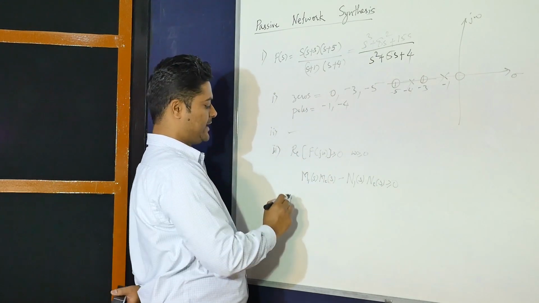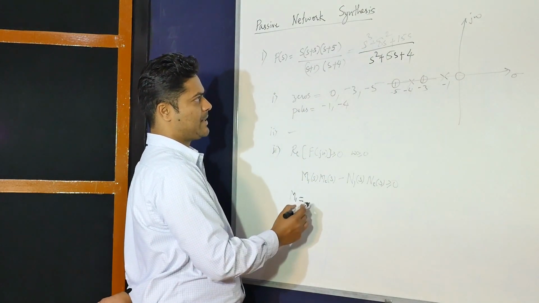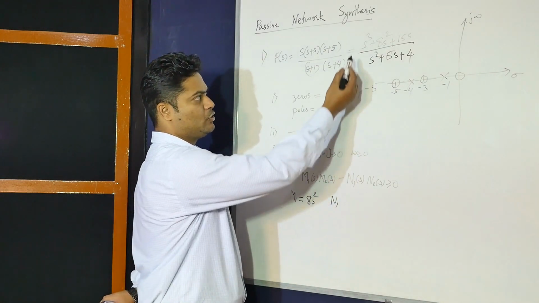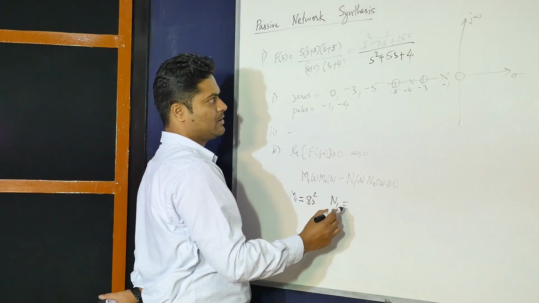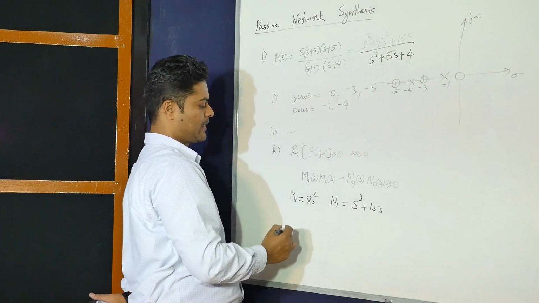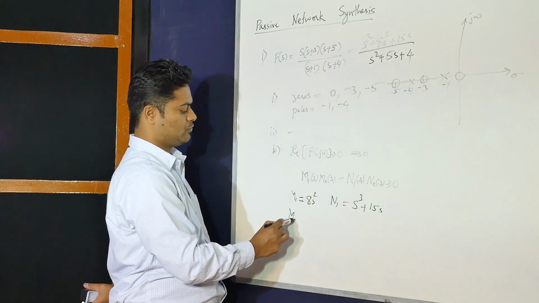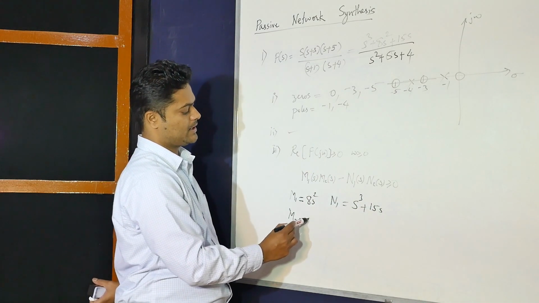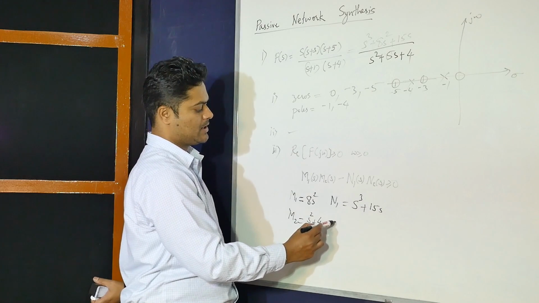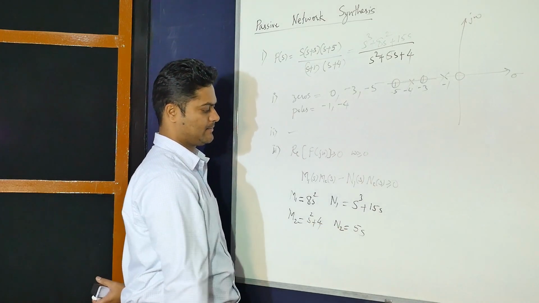From this we will find the even and odd polynomials. m1 is the even part of the numerator, that is 8s square, and n1, the odd part, is s cube plus 15s. From the denominator polynomial, m2 is the even part, s square plus 4, and n2, the odd part, is 5s.